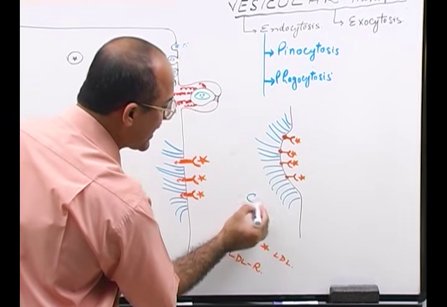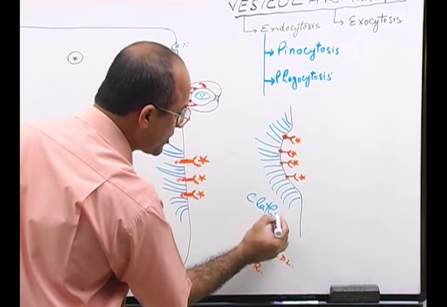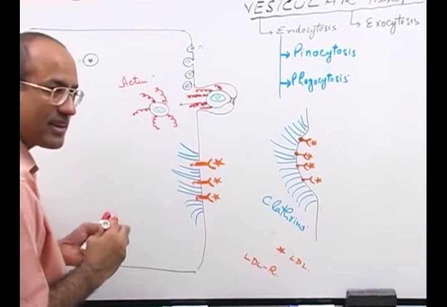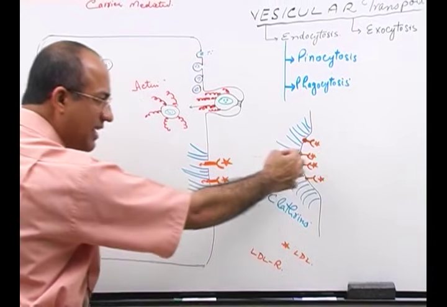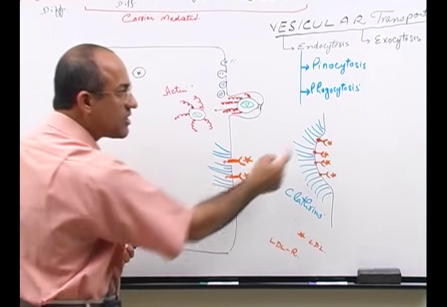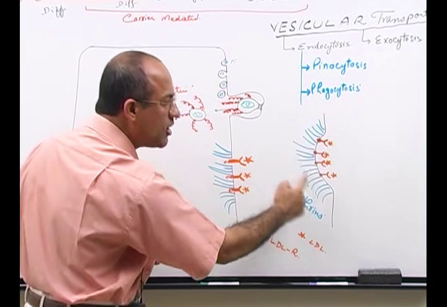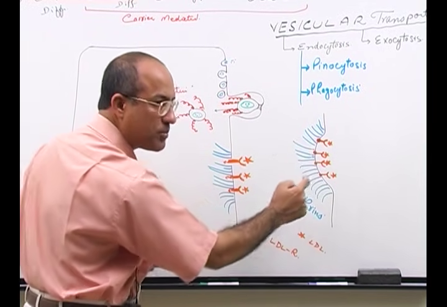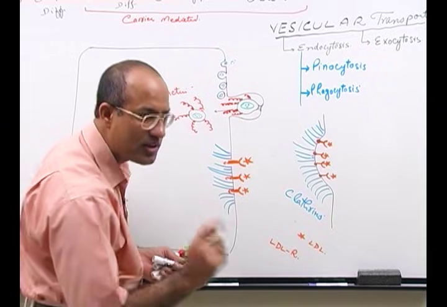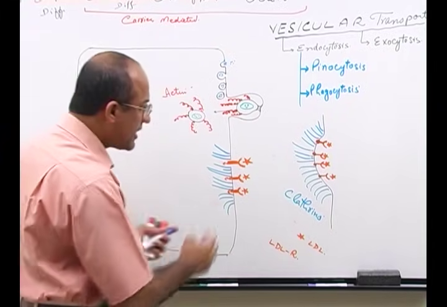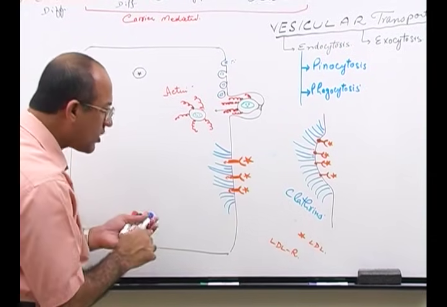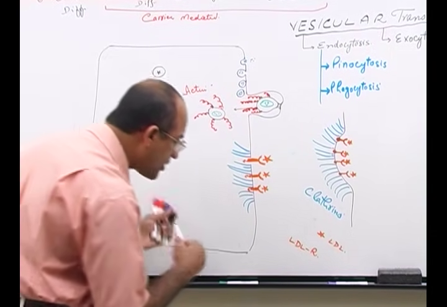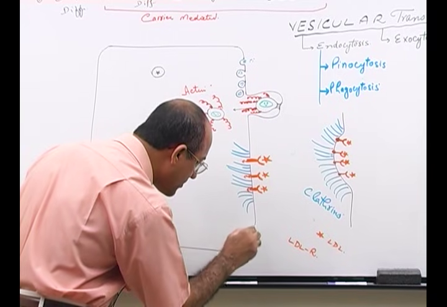These proteins are called clathrins. Clathrins move like molecular motors and drag the piece of membrane inside, right? These are called clathrin coated pits. These clathrin coated pits progressively move inside. Eventually they convert into clathrin coated what?